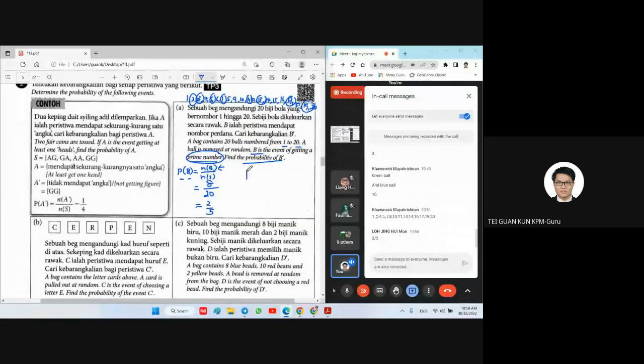So, probability of B prime equals 1 minus probability of B. We want the probability of B prime, so use 1 minus the probability of B from earlier. So, 2 over 5. So, the answer is 1 minus 2 over 5, which is 3 over 5. That is the answer for the probability of B prime.